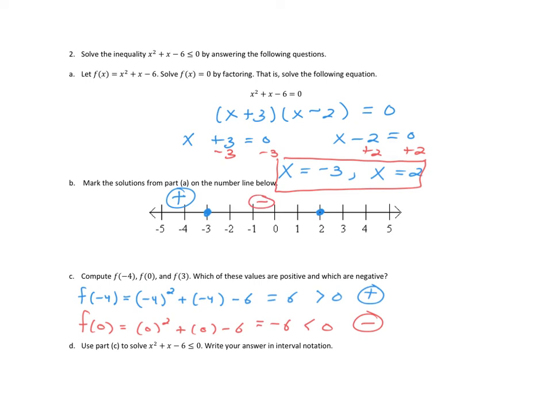It's got to be that it goes back to positive again, but just to be careful, I'll take 3, put that into this function, and see what we get back. So f of 3 is equal to 3 squared, plus 3 minus 6. Definitely going to be positive. Actually, it's positive 6. f of 3 is 6. That's a positive number, so it's positive over here.